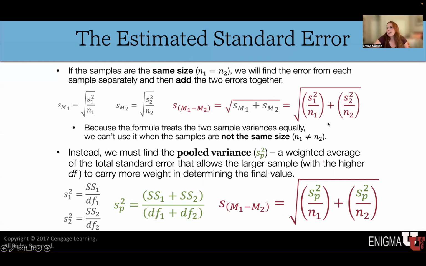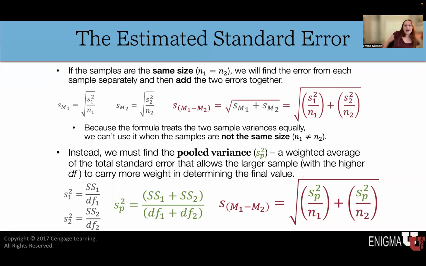And that's how we can combine them here under the same square root. The reason we can do this is because the formula treats the two sample variances equally. Because they're the same, and we're using the sample size to determine the variance here, which is not necessary, which we've talked about isn't the best, but as a general rule of thumb is okay.